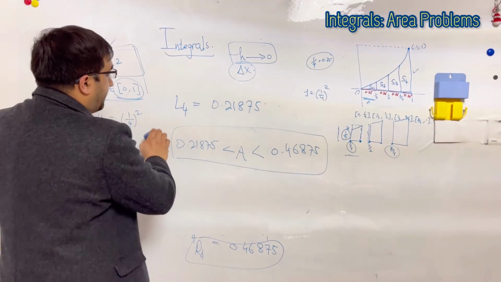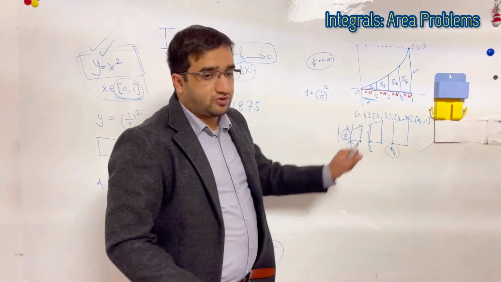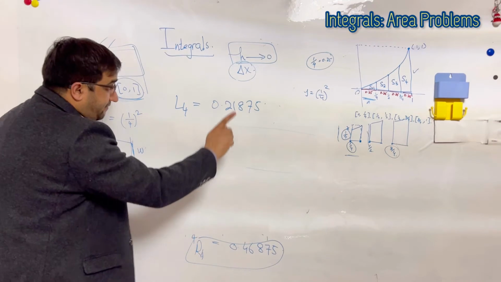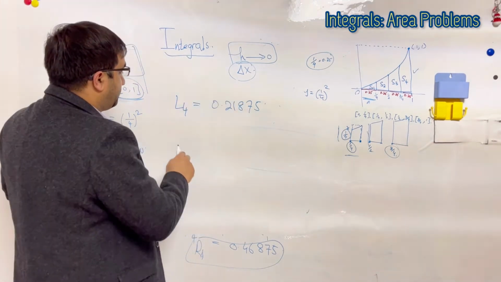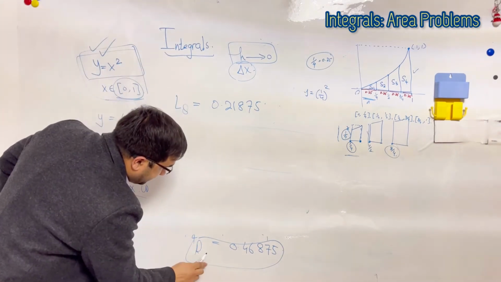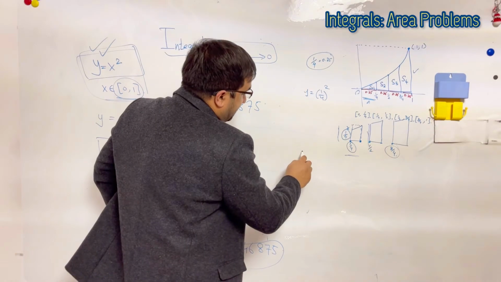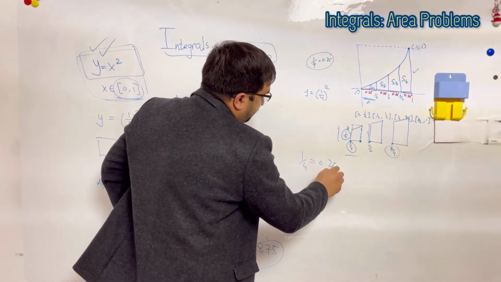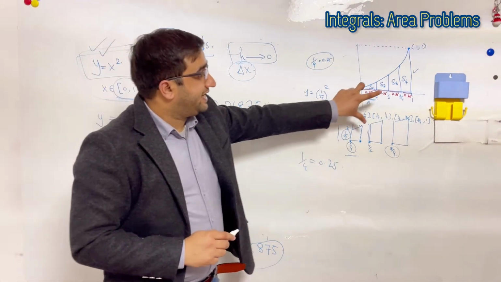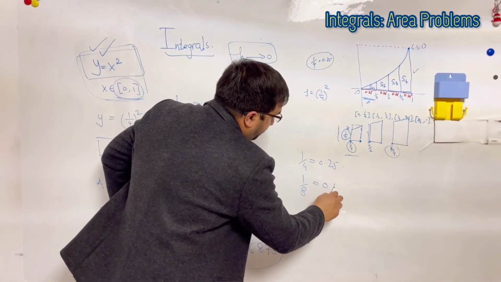Now this is for when we split this region into 4 slices. When the same region is split into 8 slices, the del x is reduced. This time the del x was 1 by 4, 0.25; if you split it into 8 slices, the del x will be 1 by 8, that is 0.125.